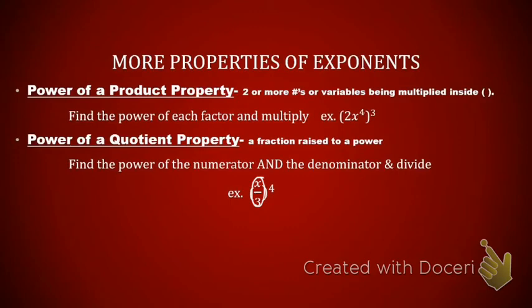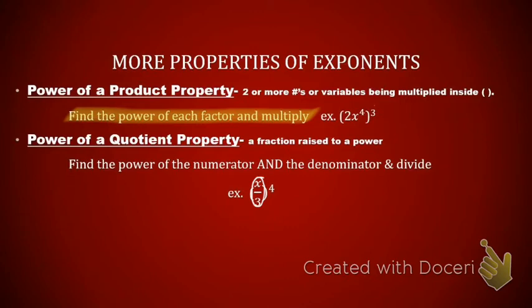So you have a fraction inside of the parentheses. So you no longer get to apply that outside exponent to just one thing. You actually have to apply it to everything inside. So when it says find the power of each factor and multiply, essentially what it's saying is apply that exponent to every exponent on the inside. Now you say 2 doesn't have an exponent, but does it?